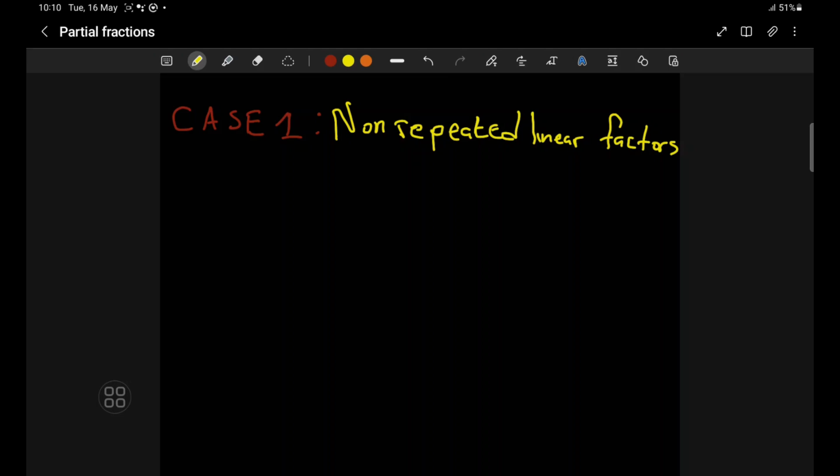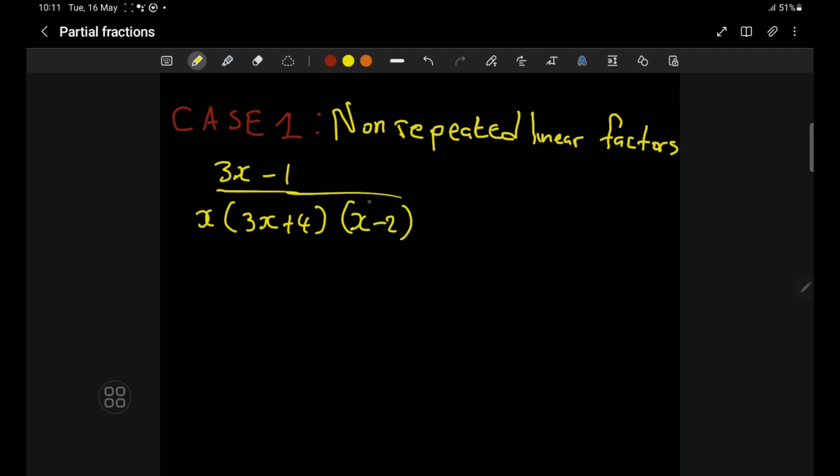Just for instance, if this is an expression, 3x minus 1 over x, 3x plus 4, and then x minus 2. Looking at the denominator, there is no factor that is repeating here. There is nothing that is squared on the denominator.